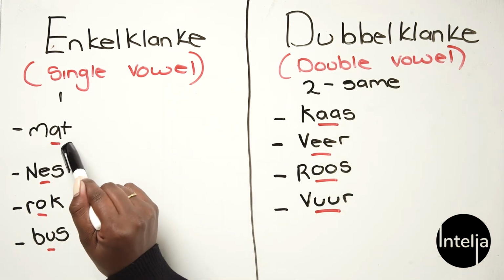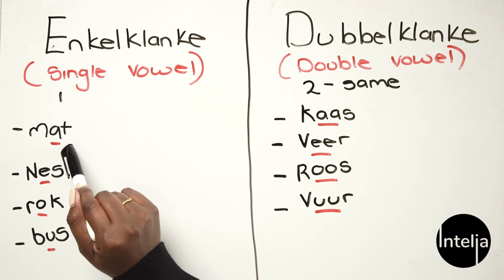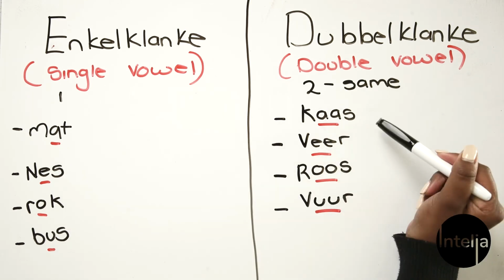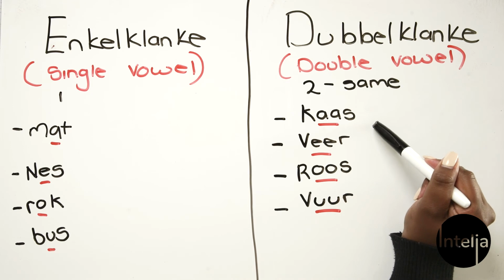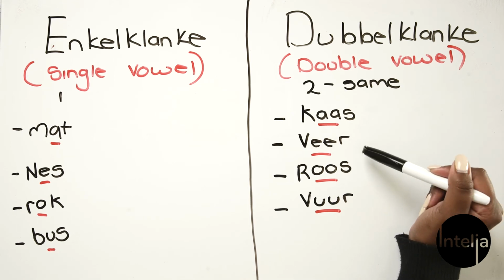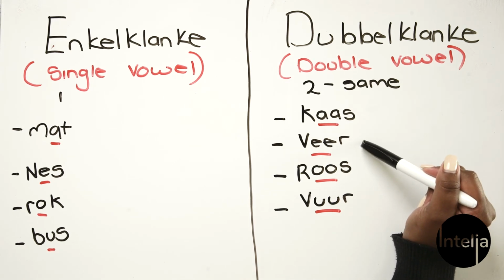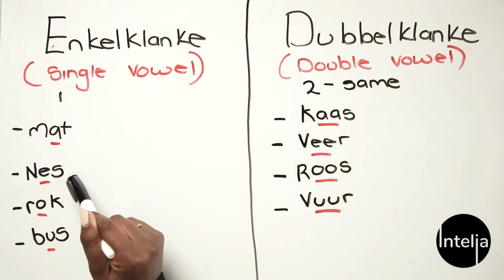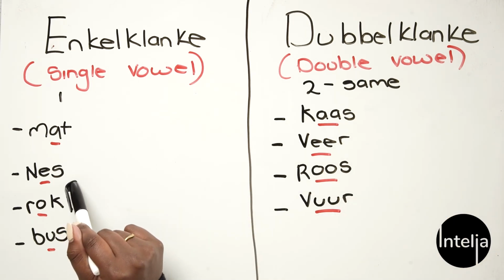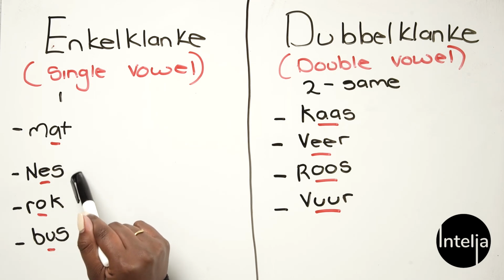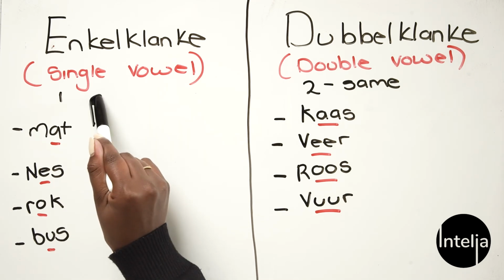With one A, it's short, mat, and with two, it becomes gaas. Let's look at our second one. Vir, one E, that is nes, right? Very short, one vowel, single vowel.